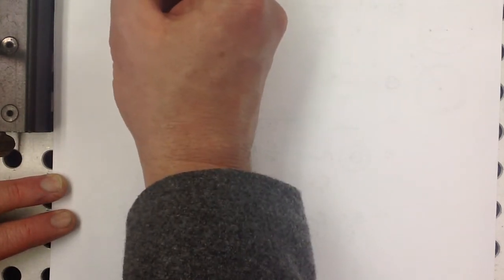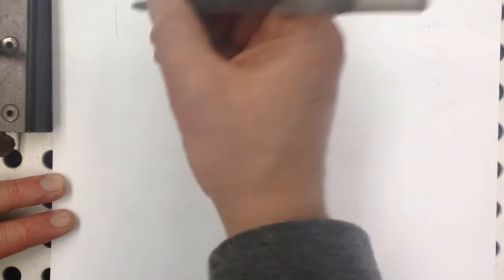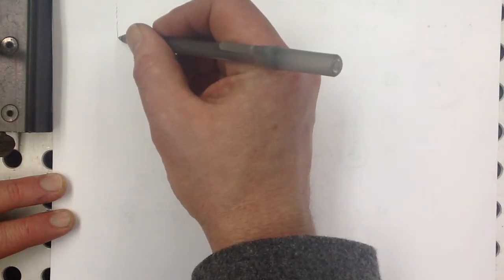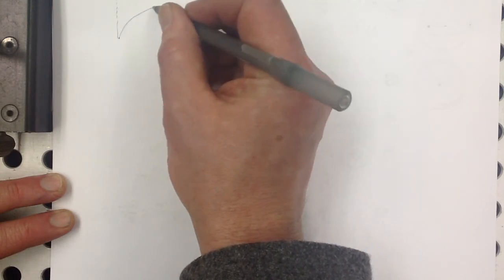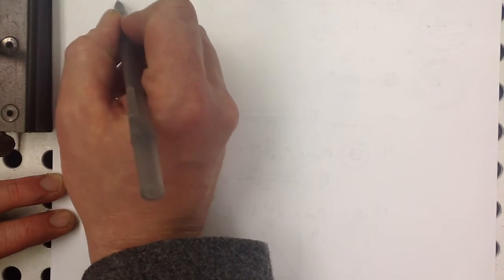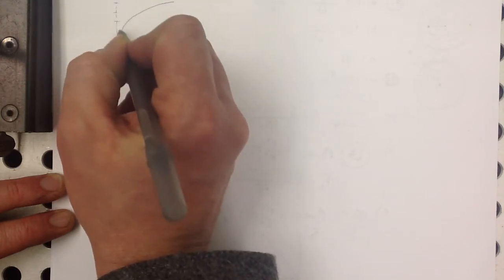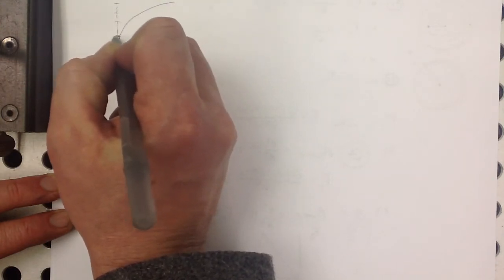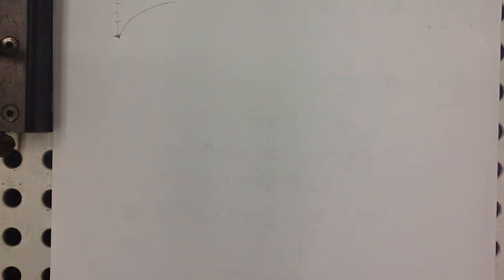So here's the radius there, and this is looking like something like that, with a scale of 1, 2, 3, 4, and sorry, that's supposed to be 5 there, right?